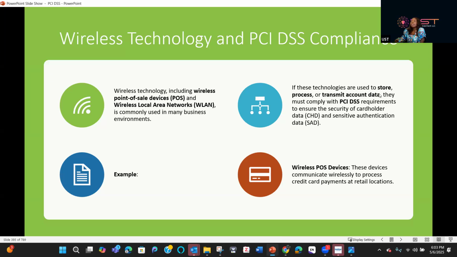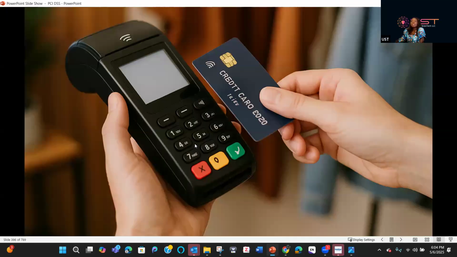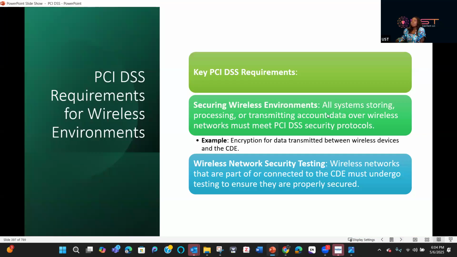If these technologies are used to store, process, or transmit account data, they must comply with PCI DSS requirements to ensure the security of cardholder data and sensitive authentication data. Wireless POS devices communicate wirelessly to process credit card payments at retail locations. This is an example of what we are discussing, and by now you should have an in-depth understanding just by looking at this picture.